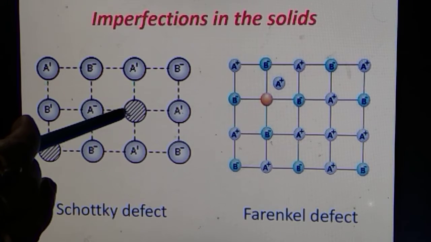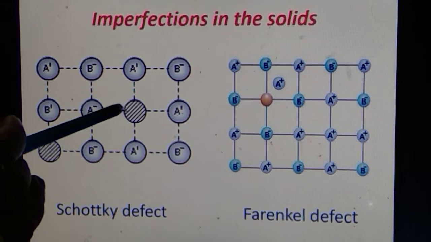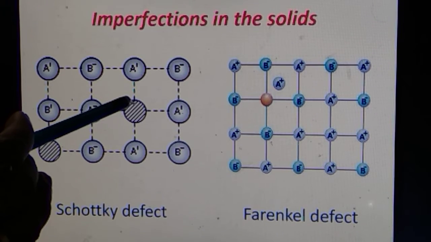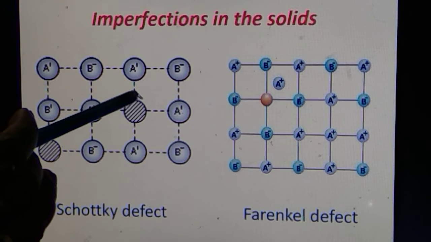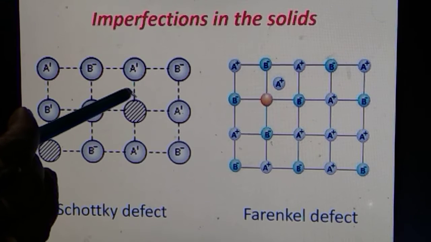Density decreases because a number of ions are missing, so mass will be decreased. The Schottky defect is shown by ionic substances which have a high coordination number and in which the cation and anion are of almost similar size.